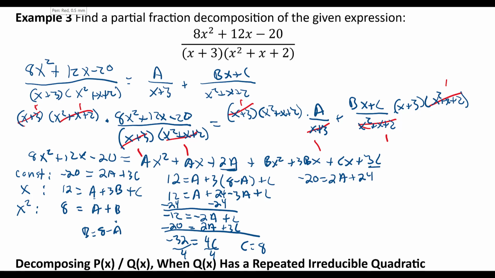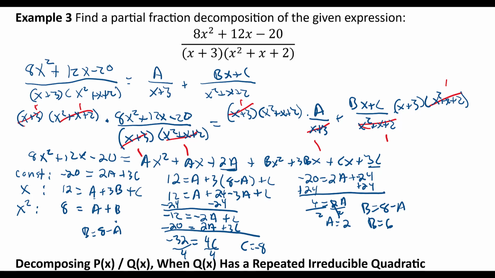So negative 20 equals, oh, is that supposed to be negative? I think it's supposed to be negative 8. So negative 20. So if I add 24 to both sides, see, a negative can really cost you a lot. 4 equals 2A, divided by 2, A equals 2. And then our B is 8 minus A, so B would be 6.